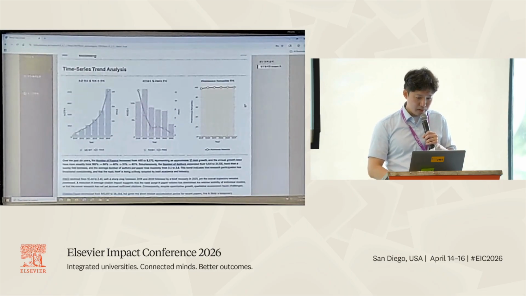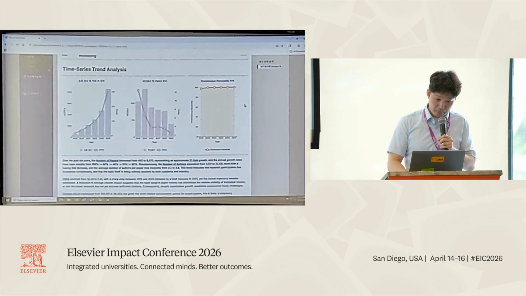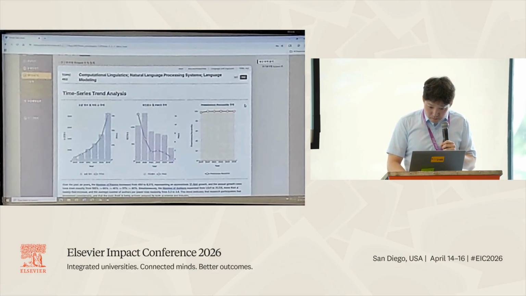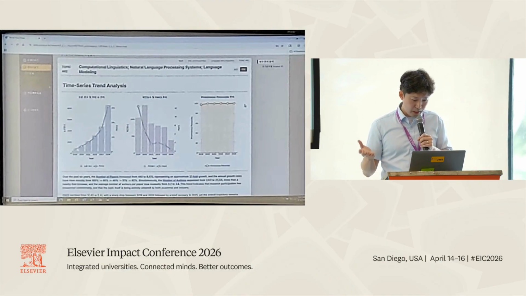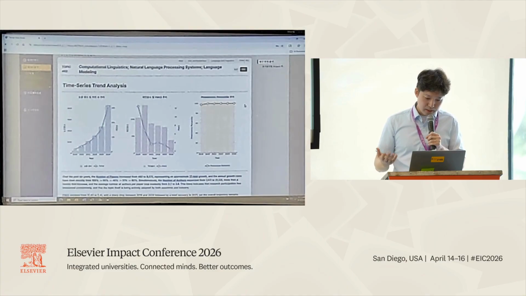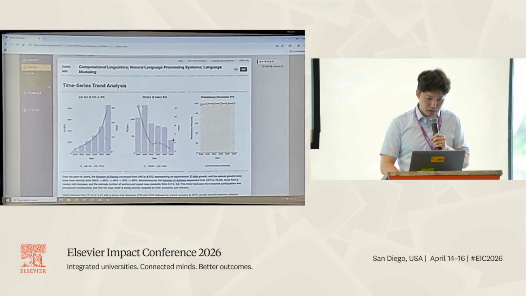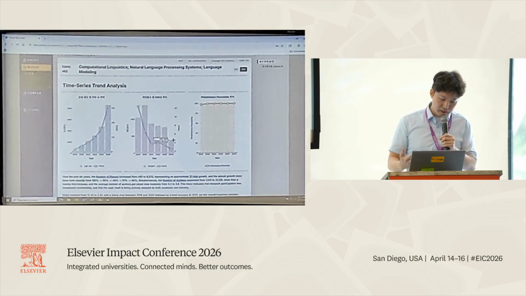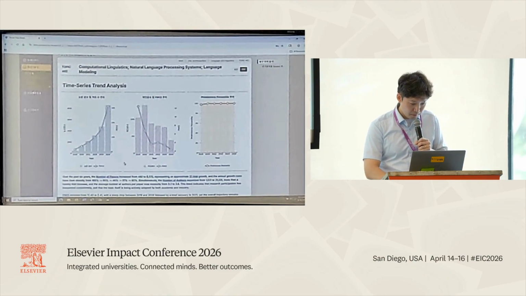So here is the time series trend analysis for our external environment analysis at the topic level. These charts display the annual data on scholarly outputs, number of authors, citation counts, FWCI, and the prominence percentile. And when we closely look at topic ID 462, the growth is staggering.